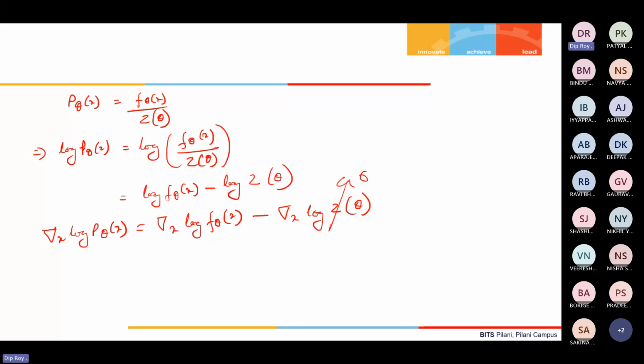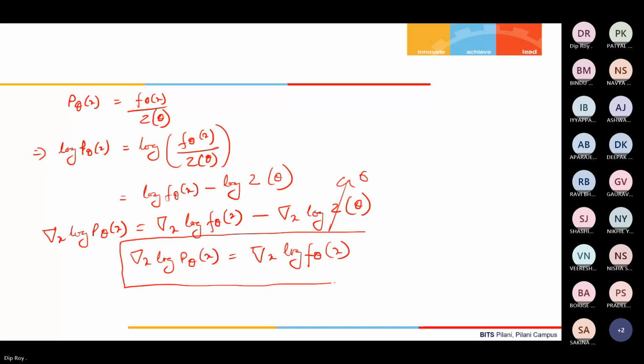So what has this form shown us? That the log gradient of the likelihood is equal to the log gradient of the neural network, which implies that this is equal to this.